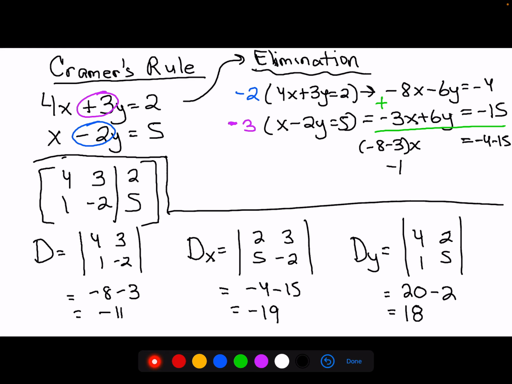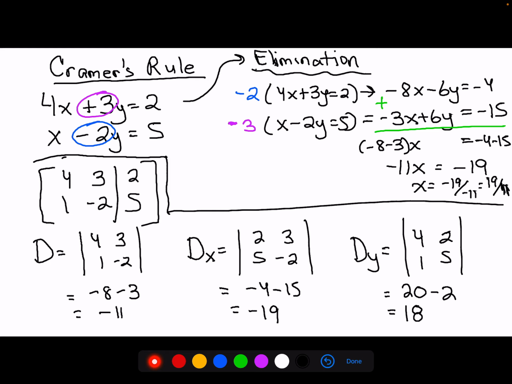So we have negative 11x equals negative 19. We divide both sides by negative 11. We end up with 19/11ths for the x value. And of course we can go back and plug in 19/11ths for x and try to find y. So that is an option there.